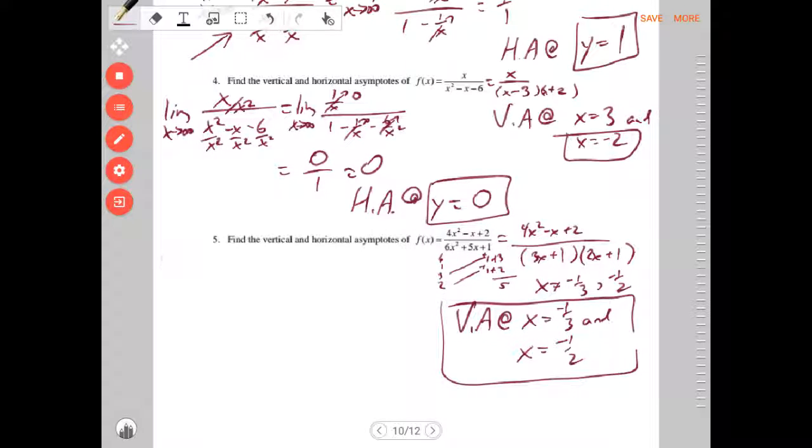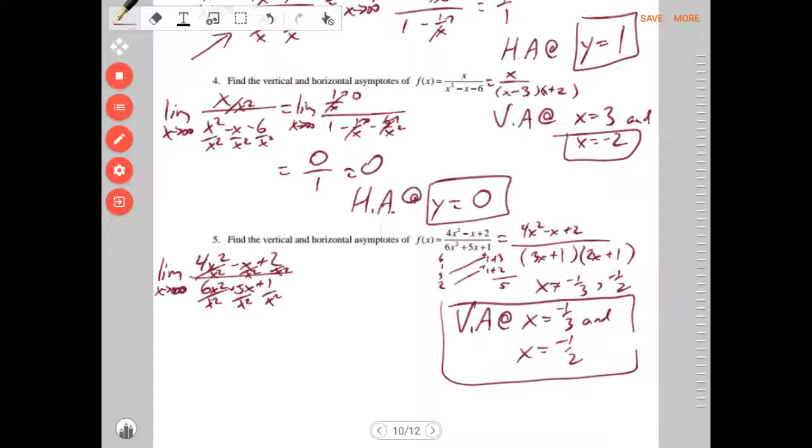Now the horizontal asymptote, so that's the limit as x approaches infinity of 4x squared minus x plus 2 over 6x squared plus 5x plus 1. Okay, and the biggest power of x is x squared, so we divide everything by x squared.